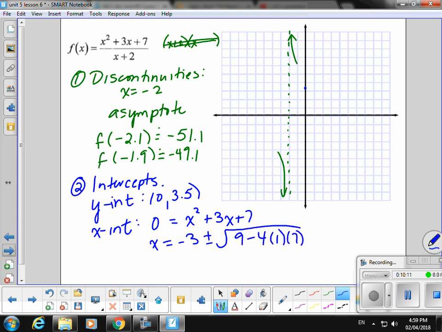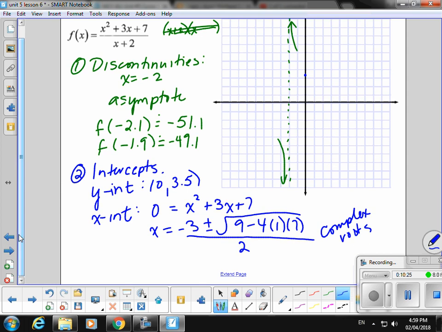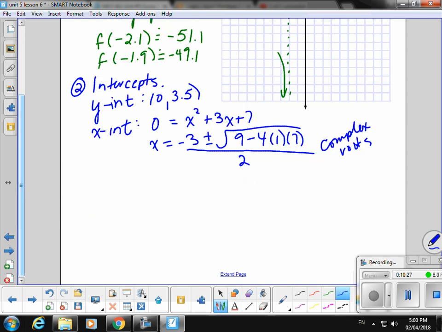Oh no, we just have complex roots, which means technically we are not going to have any x-intercepts. No x-intercepts. So we got that guy. That's it.